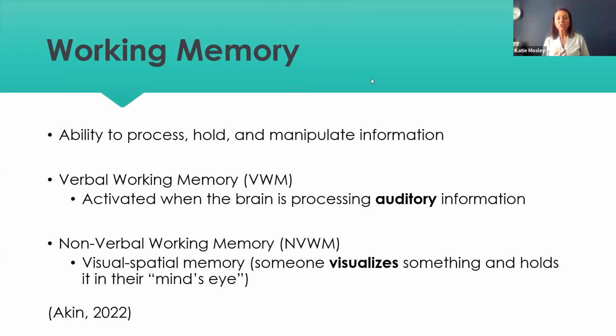It's when someone visualizes something and holds it in their mind's eye. So we access our nonverbal working memory when we have things that are written that we can see. Sometimes it might be pictures. Sometimes it might be words, like in a grocery list.